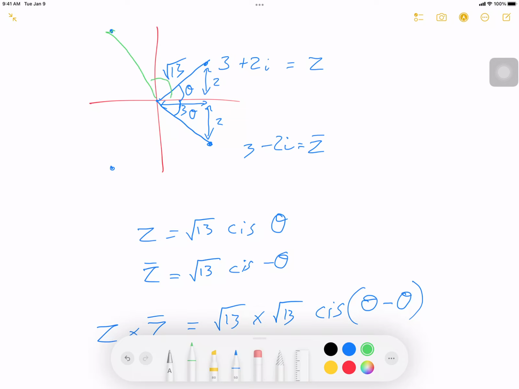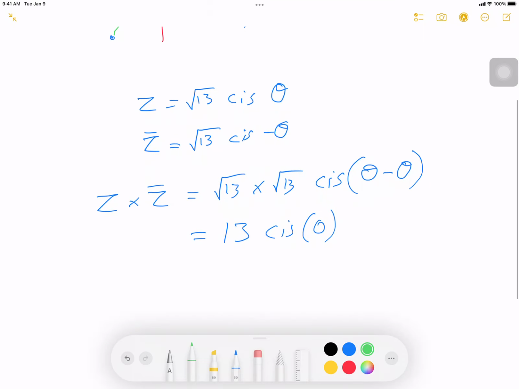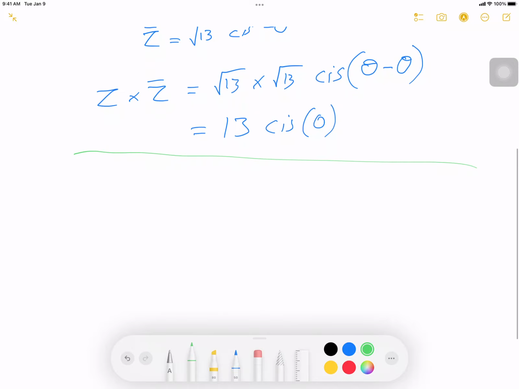That angle is still the same as this angle. So when we add together, they're going to come back to 0. And that means we're always going to be on this line. So when we multiply conjugates, we will always get a positive real number. Okay? So when we multiply conjugates, we'll always get a positive real number.